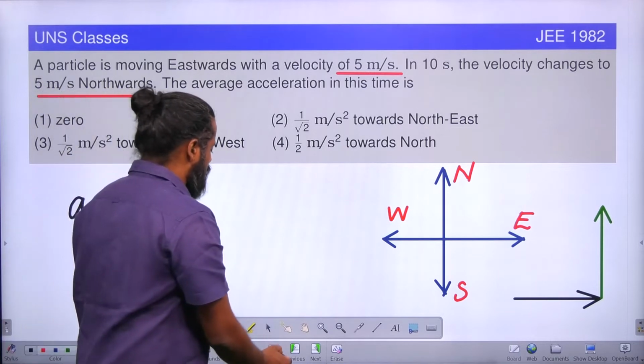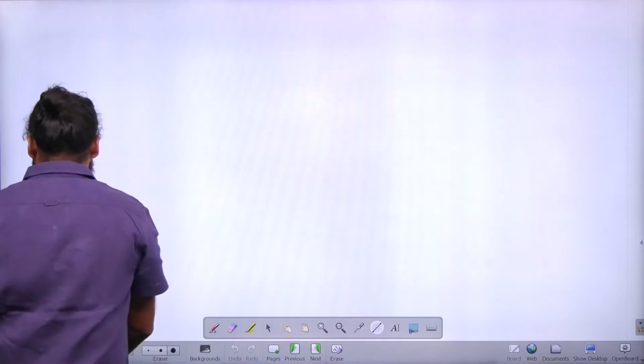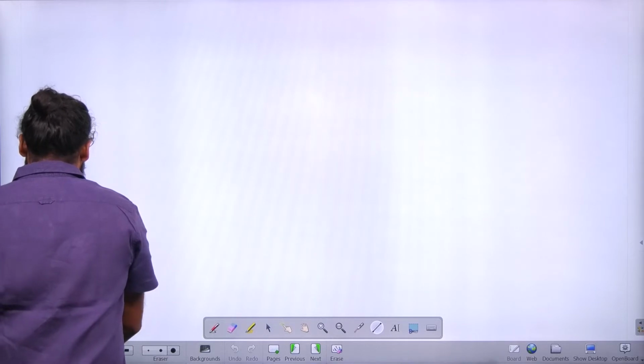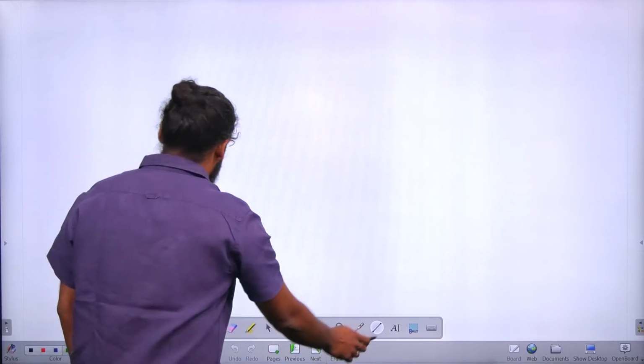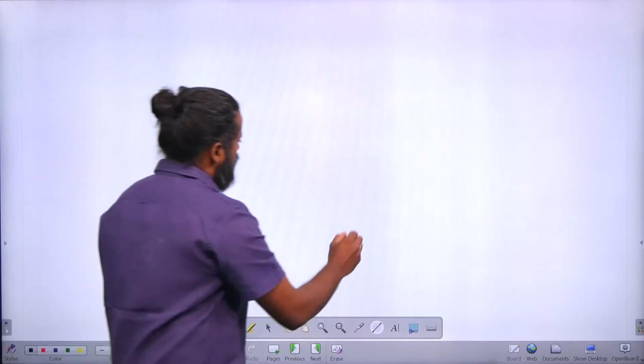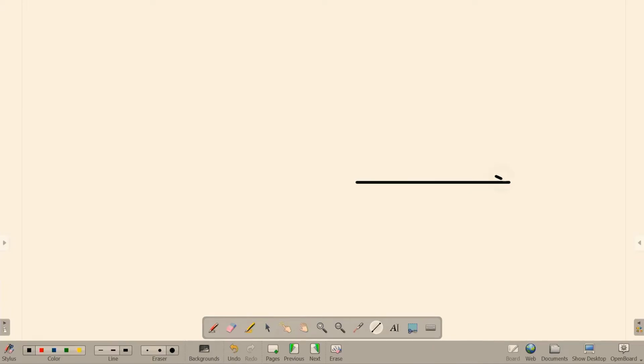Let us draw the vector diagram. Assume that the initial velocity is in this direction. So, this is Vi and final velocity is in this direction. So, this is final velocity. How much is this?